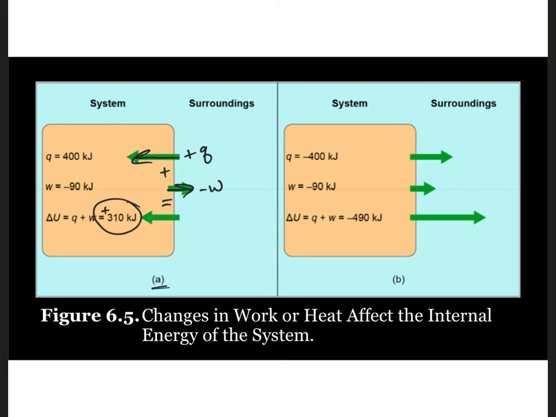However, if the signs of heat and work are both negative, as in Figure B, this indicates that heat is flowing out of the system and work is being done by the system, so the internal energy of the system decreases by 490 kilojoules, as indicated by the negative number.